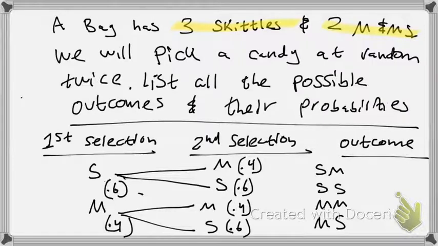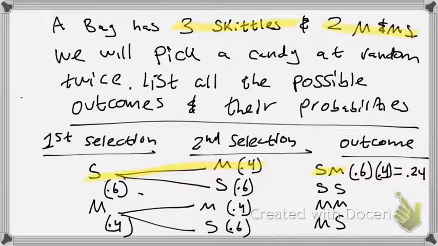So if I want to figure out the probability of grabbing a Skittle and then an M&M, all I do is multiply the probabilities along that branch. 0.6 times 0.4. And that'll get you 0.24. So that's a 24% chance that you're going to grab a Skittle first and then an M&M.